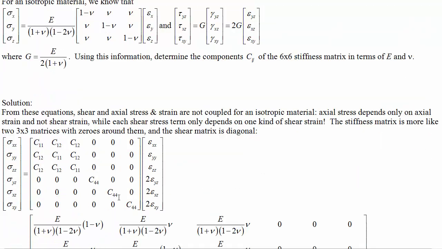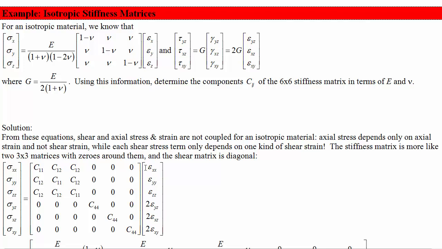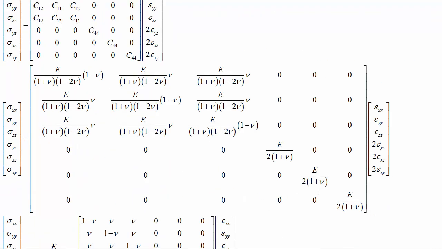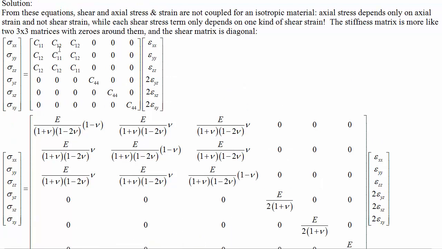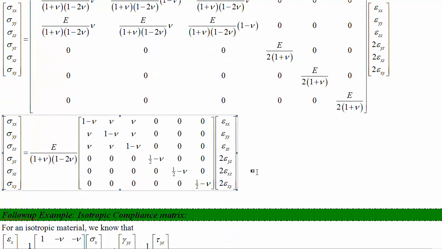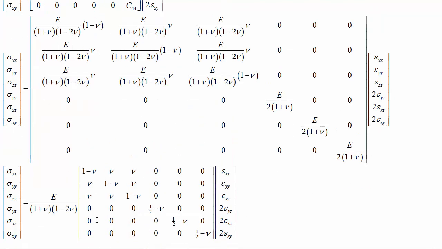All right, well, the axial ones map to the axial ones, and the shear ones map to the shear ones. It's kind of like 2 independent 3x3s with zeros in the off-diagonal sections. Then, substituting in the numbers that we know for these mappings, we come up with this, and that's it.